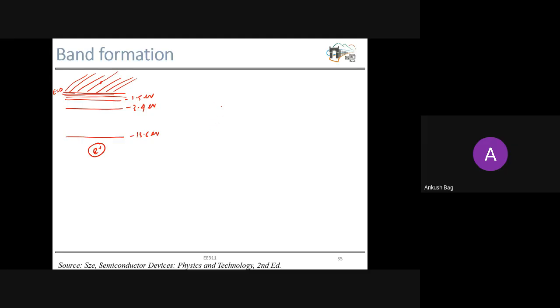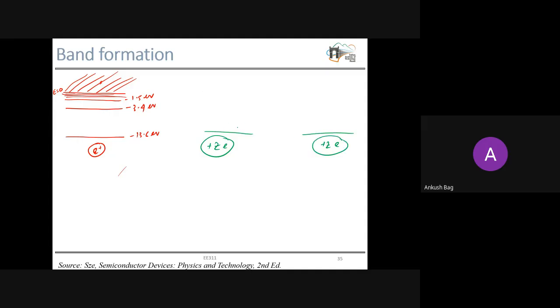So now in case of atoms with a higher atomic number, we'll have similar phenomena. Let me take Z as the atomic number, and let us consider two atoms.